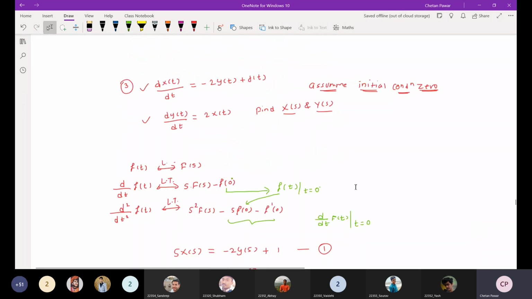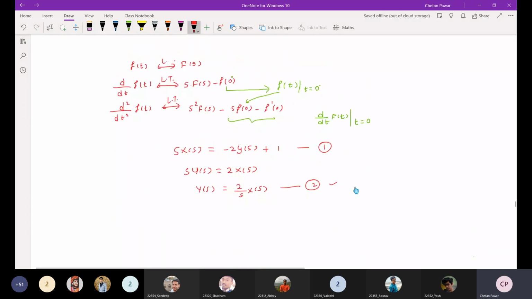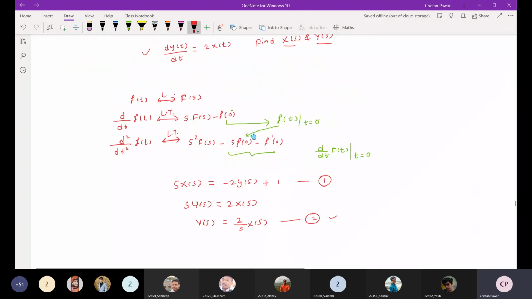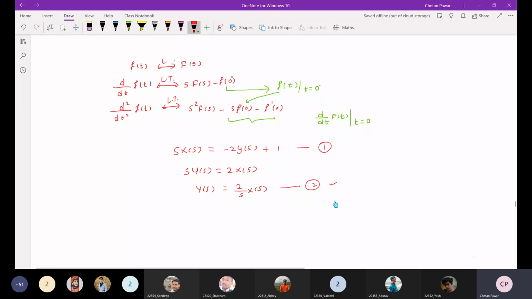So that's why this Laplace transform property is important when you do the analysis of the control system. Okay, so this is about this problem. So you can solve the next steps. You just need to put this Y of s into this first equation, and you need to calculate for X of s and Y of s.